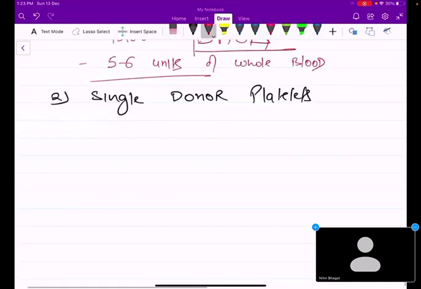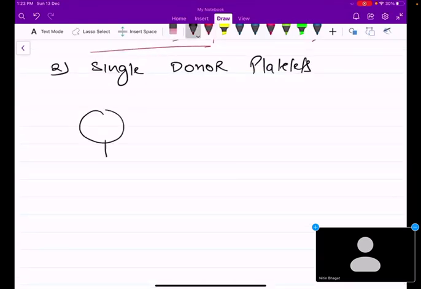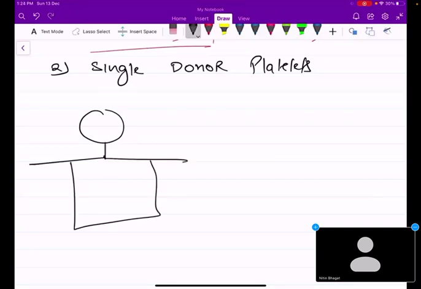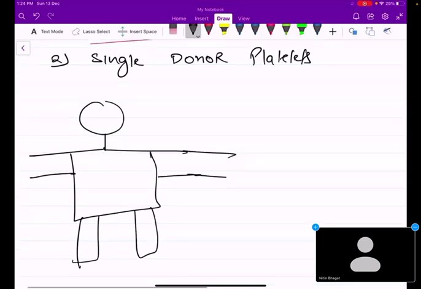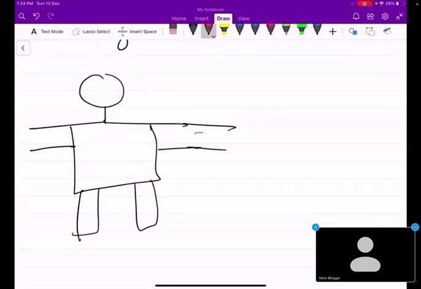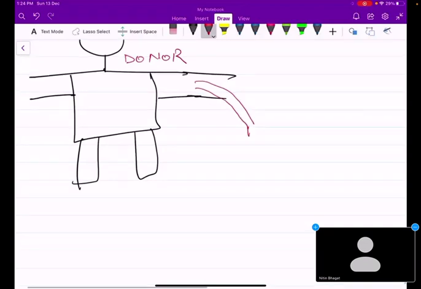Single donor platelet concentrate. Let's say this is your donor. Now, what will you do? You'll take the blood out and send it to a machine.